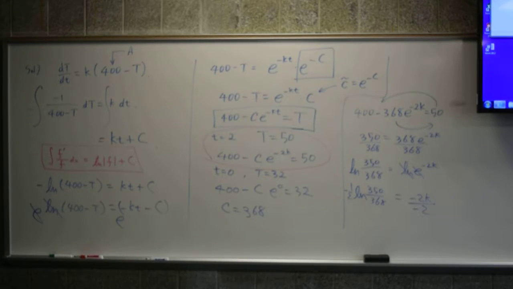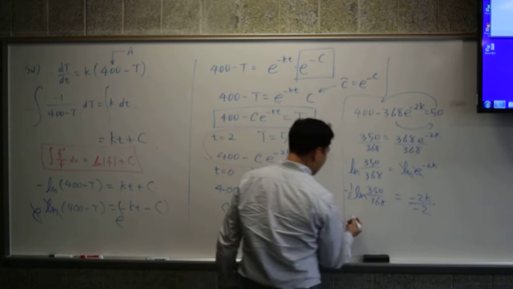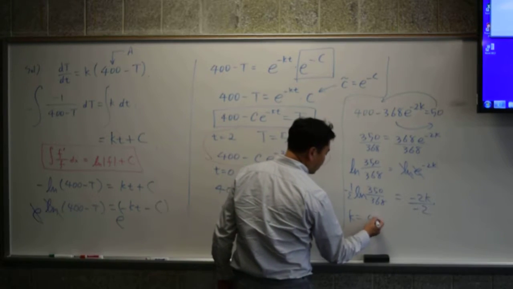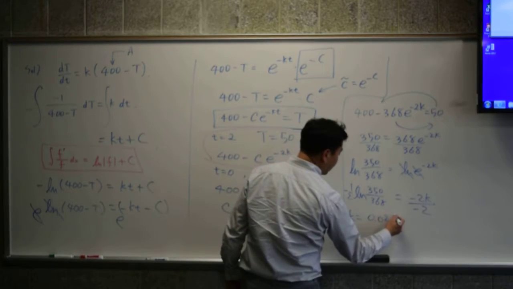Okay, we're good. So if I do negative ln of 350 divided by 368, divided by 2, I get the value 0.02507. K equals 0.02507.